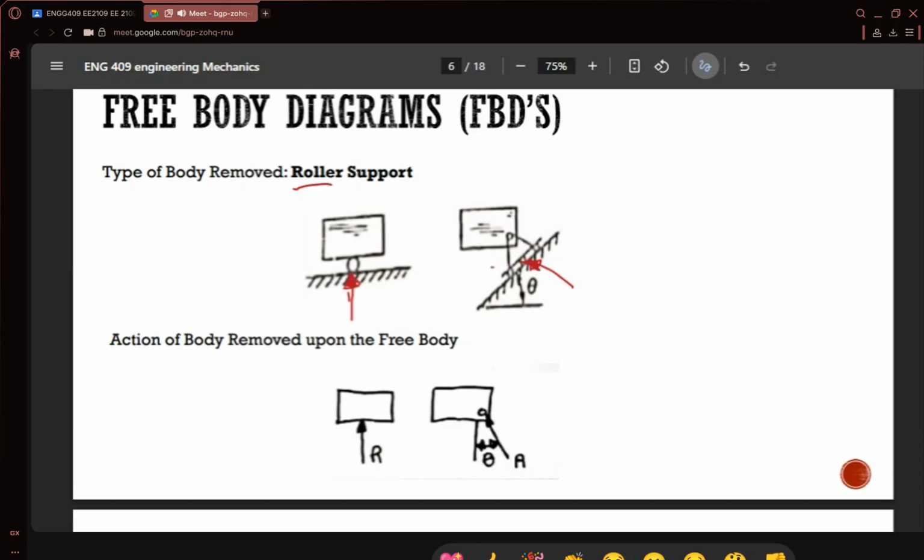Okay? So they're somewhat similar with what? Normal force. They're pushing the body. Okay? So again, the angle here from the vertical will be equal to the angle of inclination.